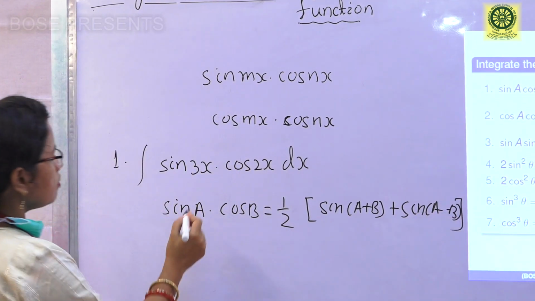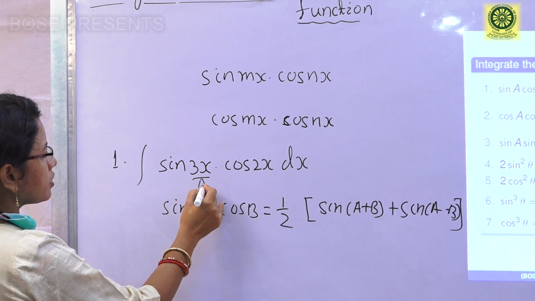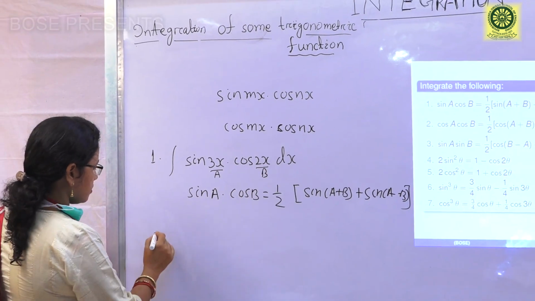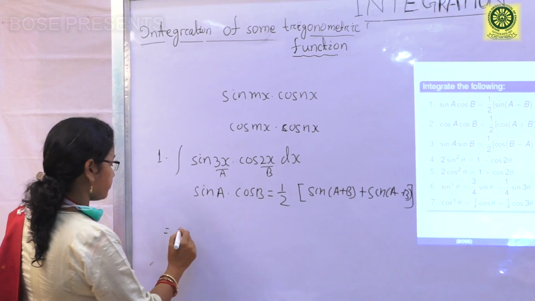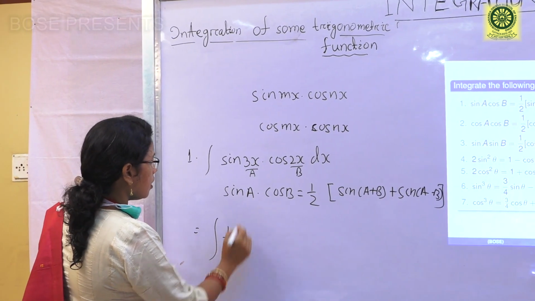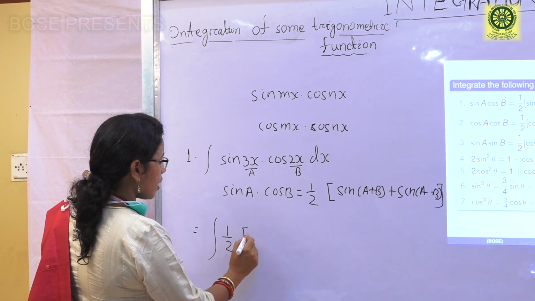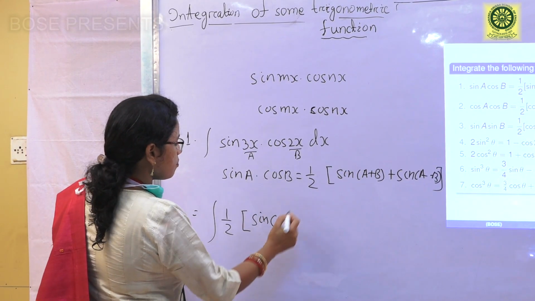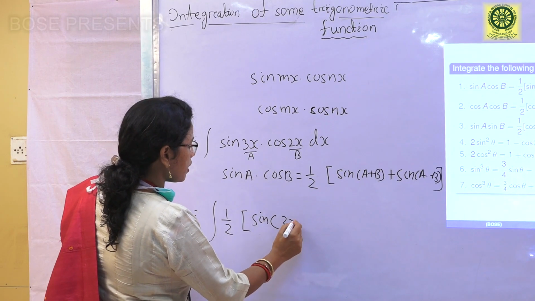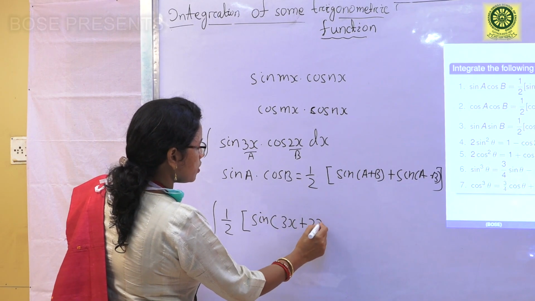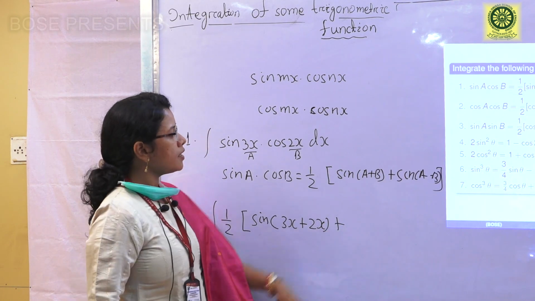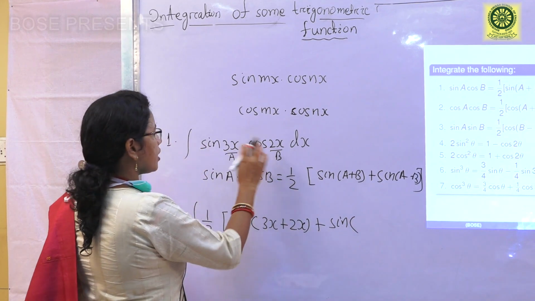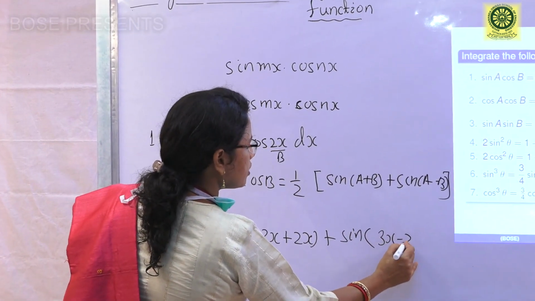Now in place of a you have 3x, and in place of b you have 2x. Then by using this formula, our integrand becomes 1 by 2 whole into sin a plus b, that is 3x plus 2x, plus sin a minus b, that is 3x minus 2x.